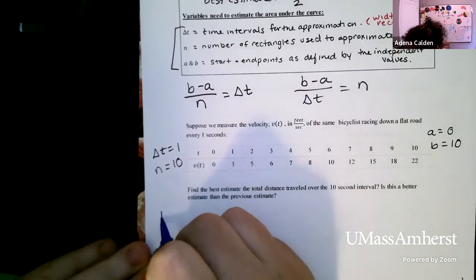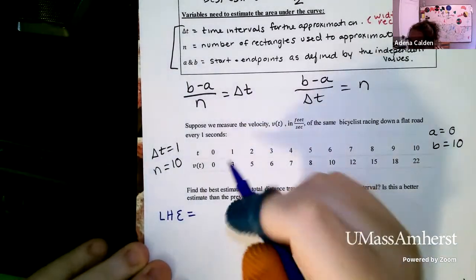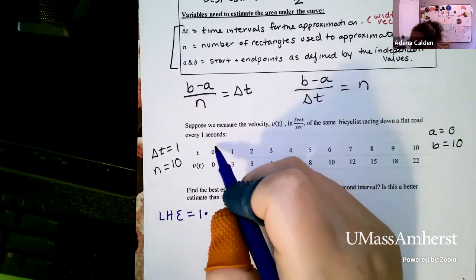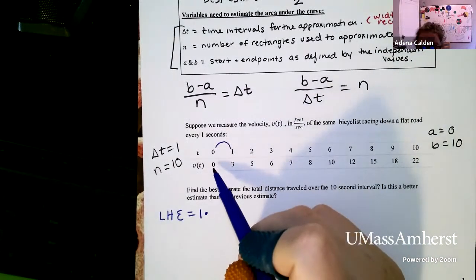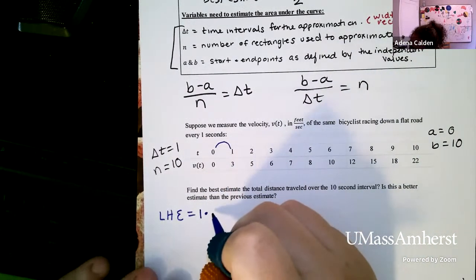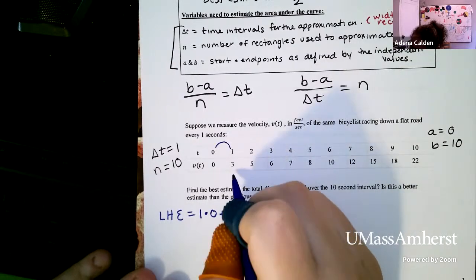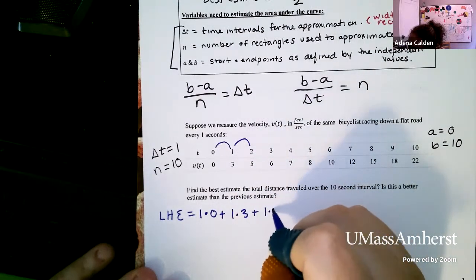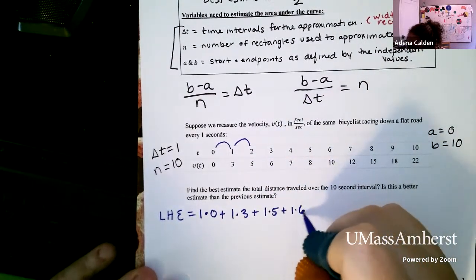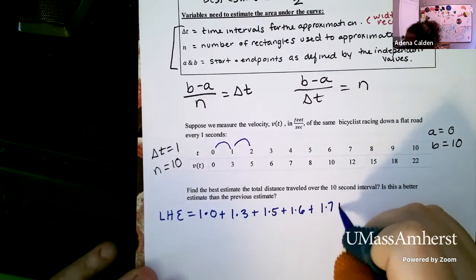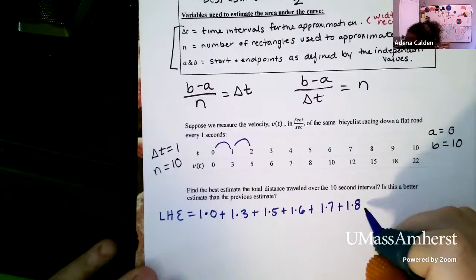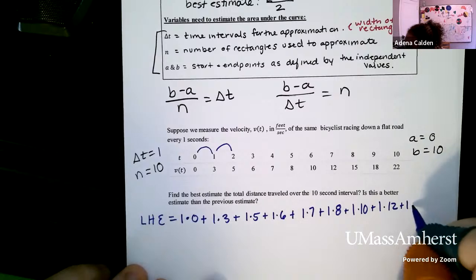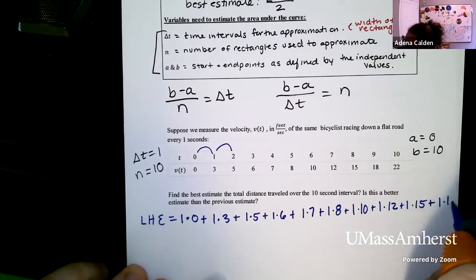So for our left-hand estimate, each time interval is 1 second long, and for each interval, we pick the rate on the left. So here we have 1 times 0 plus 1 times 3 for the next interval, plus 1 times 5, plus 1 times 6, plus 1 times 7, plus 1 times 8, plus 1 times 10, plus 1 times 12, plus 1 times 15, plus 1 times 18.